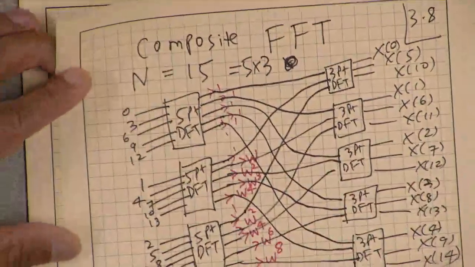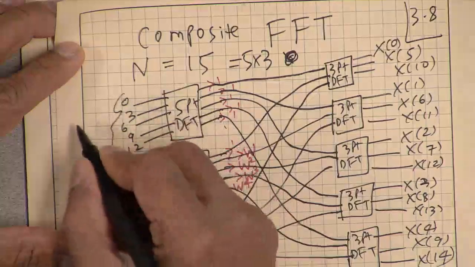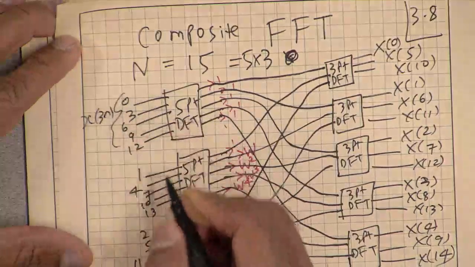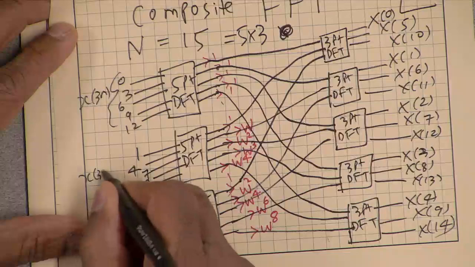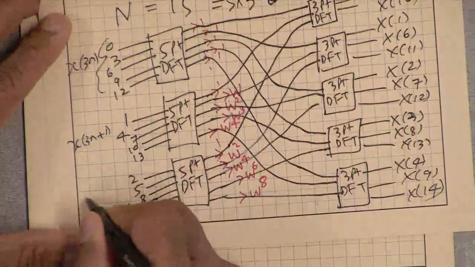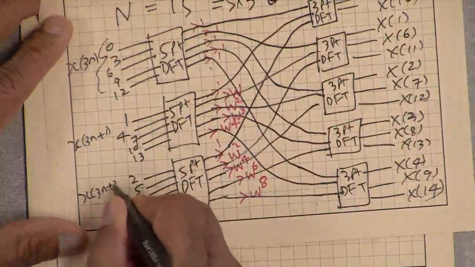This is x3n. I can call these 5 samples x3n. And these are x3n plus 1. And these are x3n plus 2.